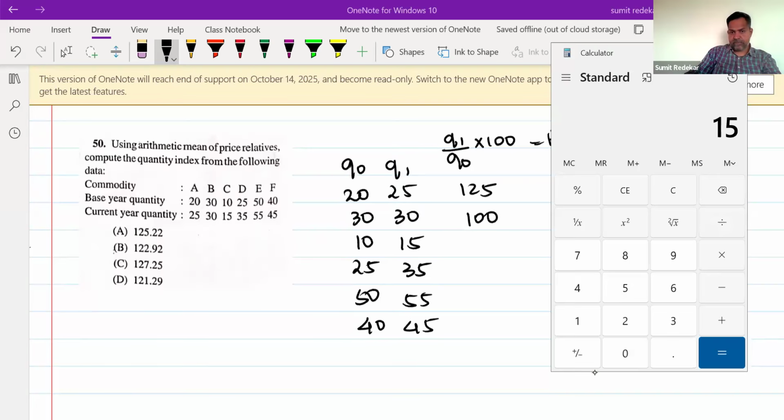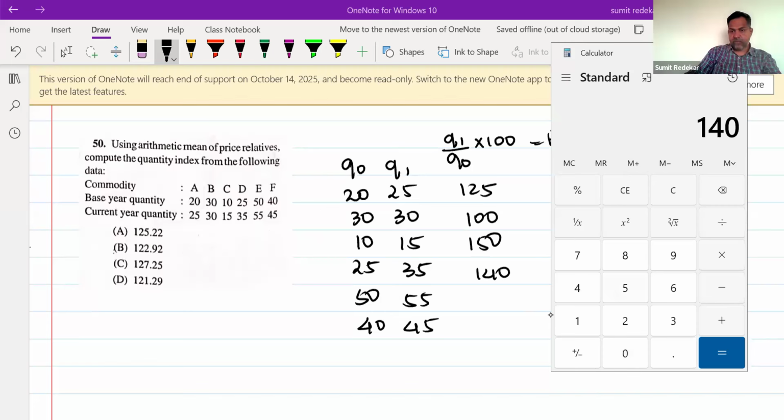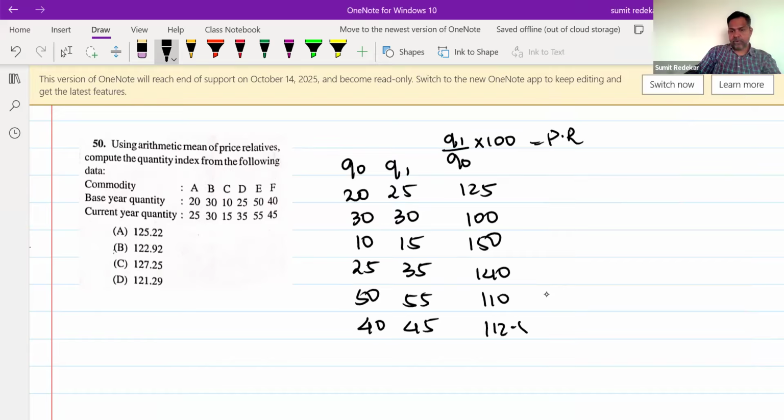Then that's 15 divided by 10, multiply by 100, add that to memory. 35 divided by 25, multiply by 100 is 140, add that to memory. 55 divided by 50, multiply that by 100, add that to memory, 110. And lastly, 45 divided by 40, multiply that by 100, and add that to memory, which is 112.5.